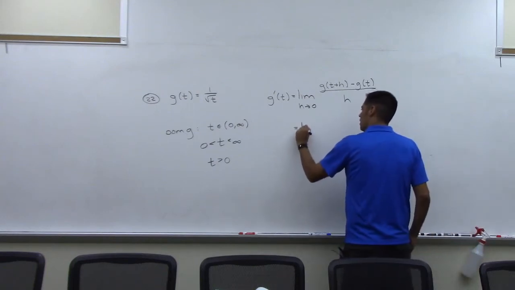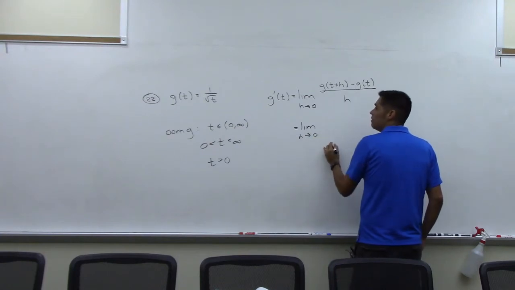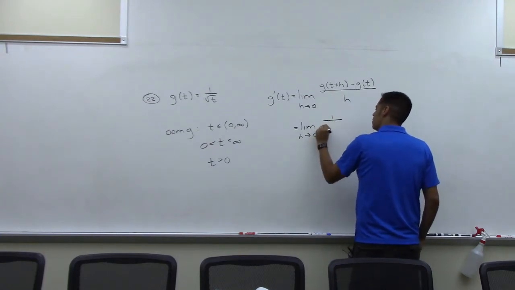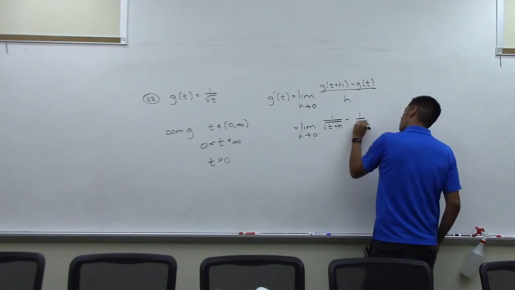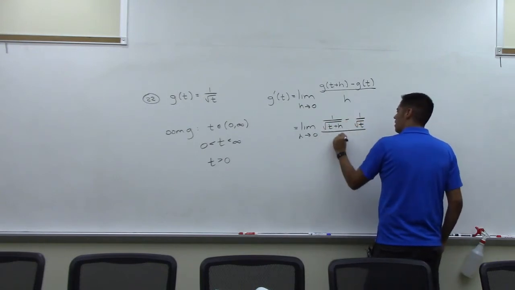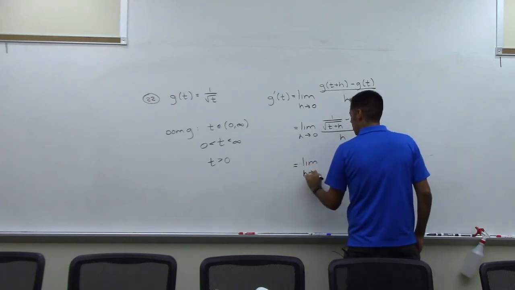So this is limit h goes to 0 of, let's plug this in, 1 over square root t plus h minus 1 over square root t all over h, which is the limit as h goes to 0.